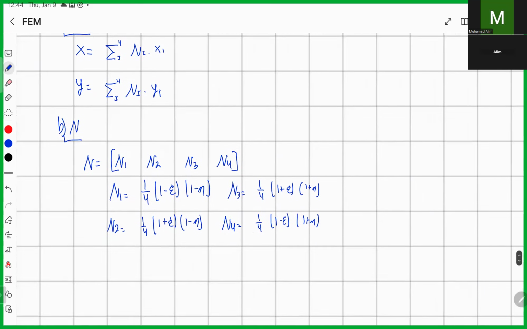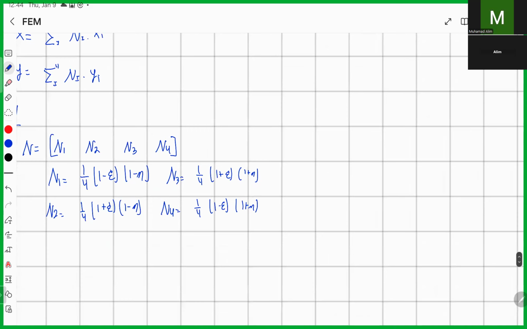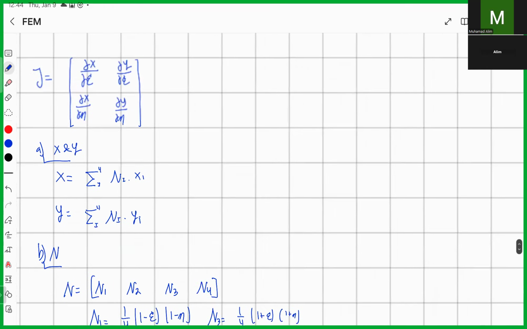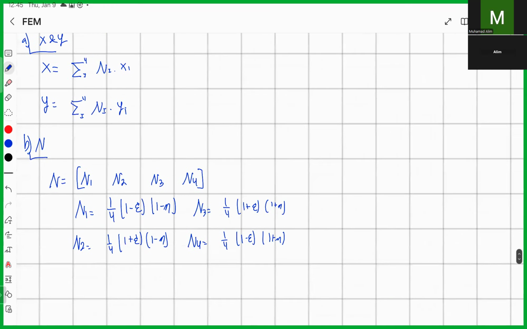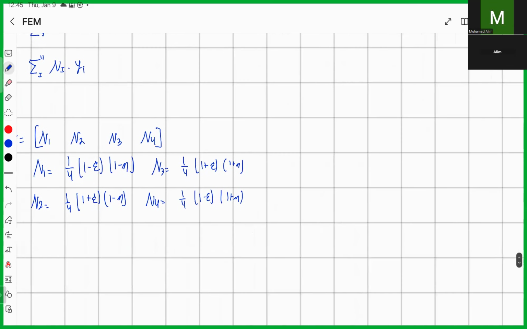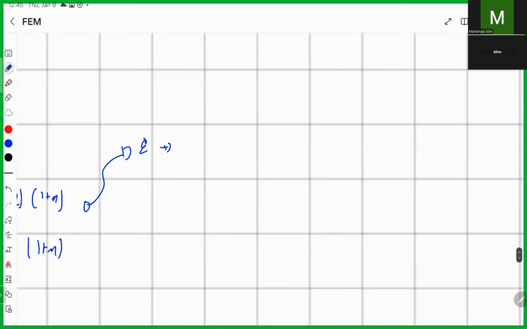And then you might also want to get the derivative of this shape function with respect to each map coordinate. So for N with respect to xi, you will obtain this: minus 1 per 4, 1 minus eta, and then N2 xi equals 1 per 4, 1 minus eta.